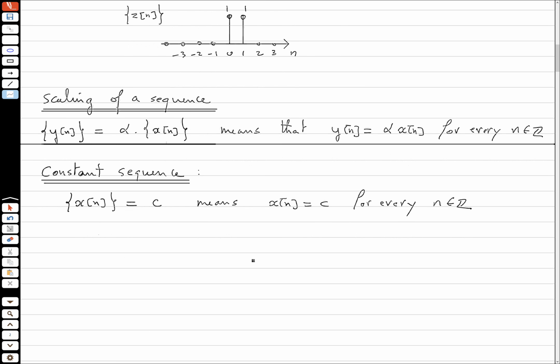You cannot say a sequence is equal to a constant, but if you write it, it will mean that the sequence is constant, equal to c.